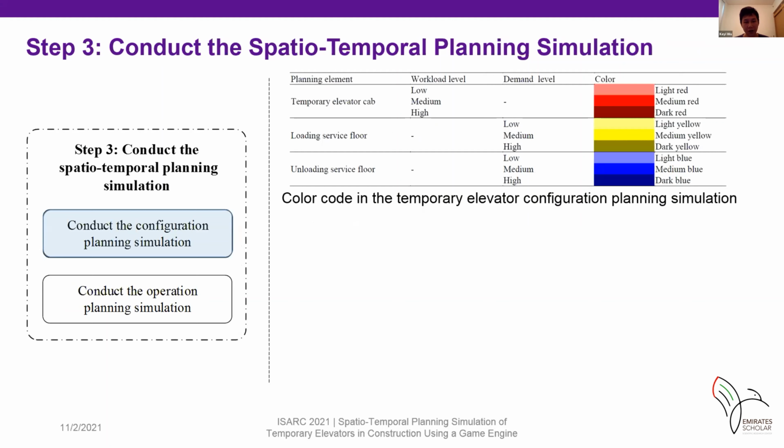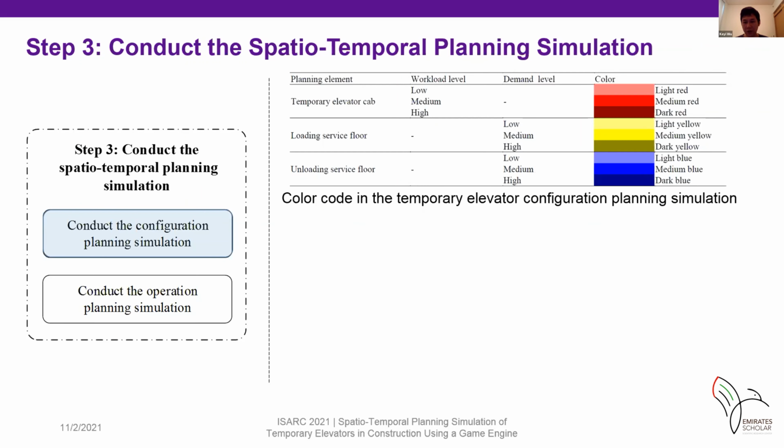According to the generated planning schemes, the spatial-temporal planning simulation is conducted in step 3. Considering the complicated relationship between time and space, the hues and values of colors are used to combine with the 4D model.